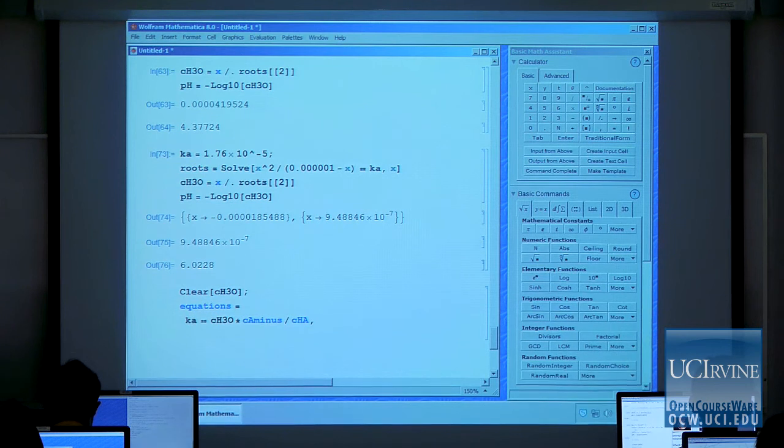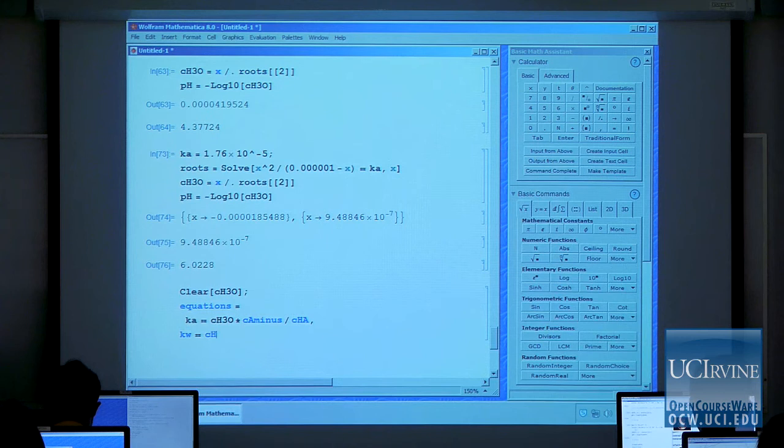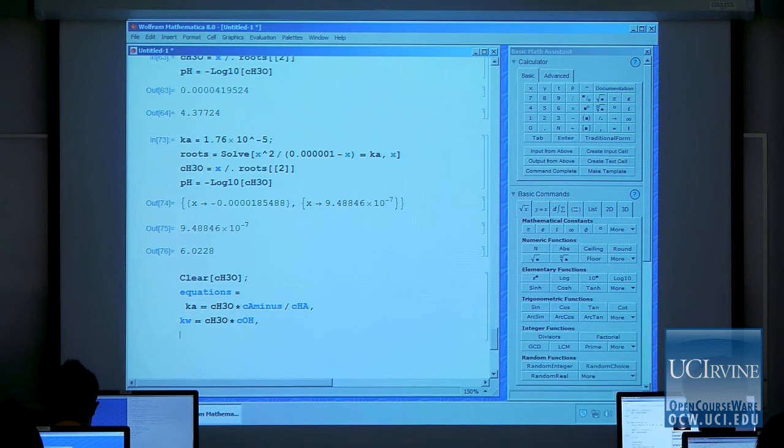Then I'm going to put in a comma, and then I'm going to put in the water dissociation equilibrium. So Kw equals CH3O times COH. All right? Comma, return. Now I'm going to put in the conservation of the A species equation.